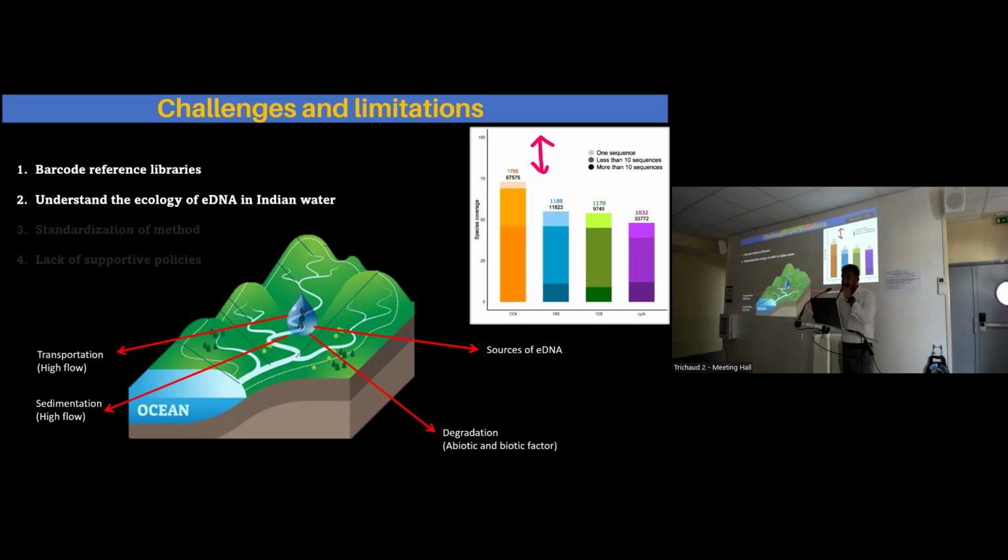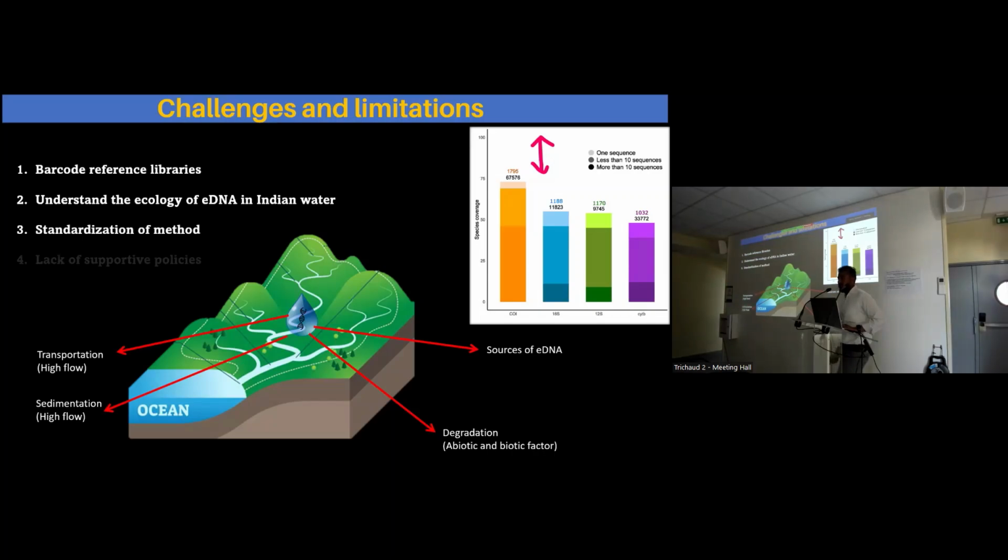If we are talking about Indian fisheries or tropical water, there are many pollutants that might affect the degradation of eDNA, and also the temperature. So we have to understand the ecology. Then there is standardization of methods.